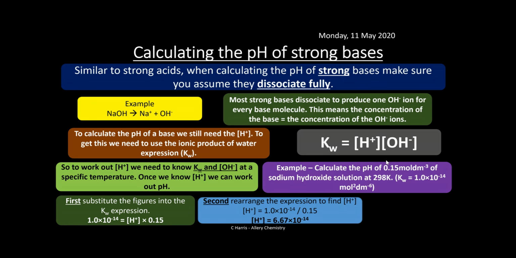Obviously, the question did ask about pH, so this is where we bring that pH equation back in again. The pH is minus log of the H plus, because remember, we've got H plus now, we've just worked it out from the Kw equation. So the pH of this is 13.18. Again, look at the number here.